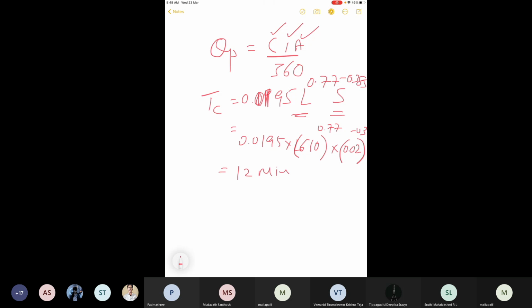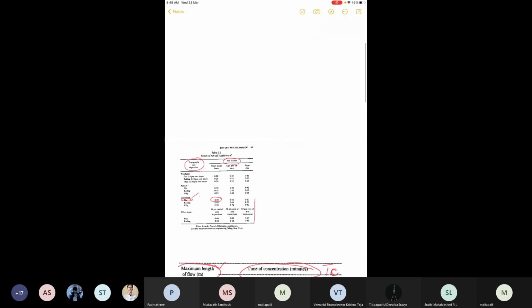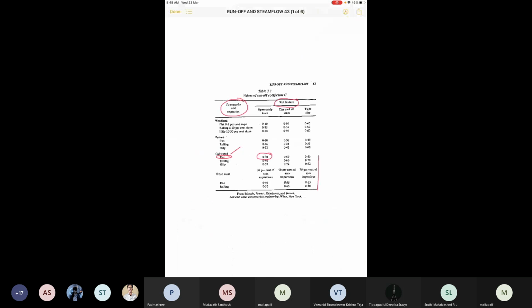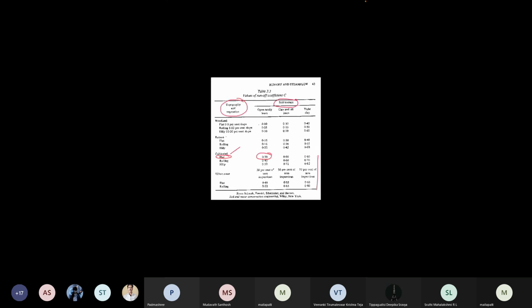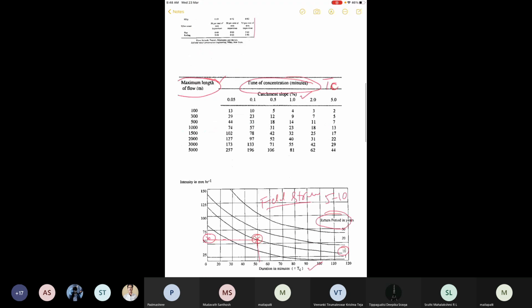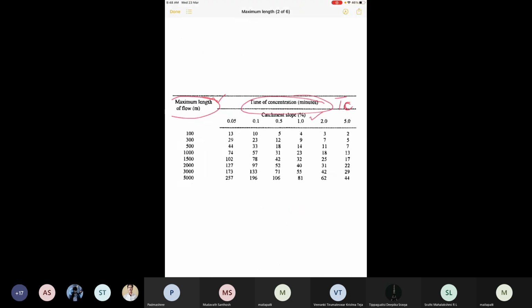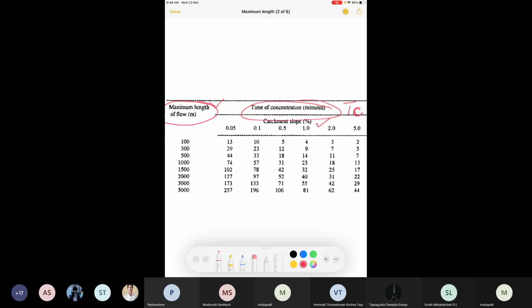And also you can use the TC values from the curve. And the time of concentration, if you see this curve, find the maximum length, that is between 500 and 1000, so it's somewhere here.